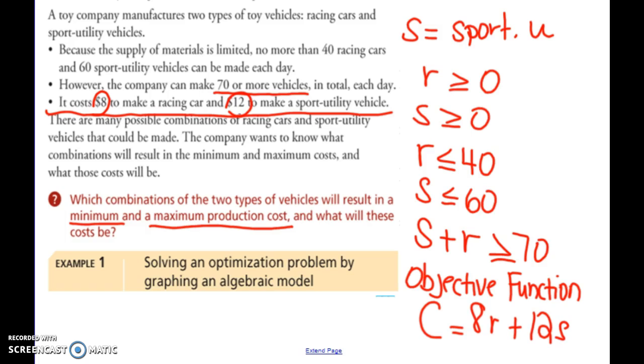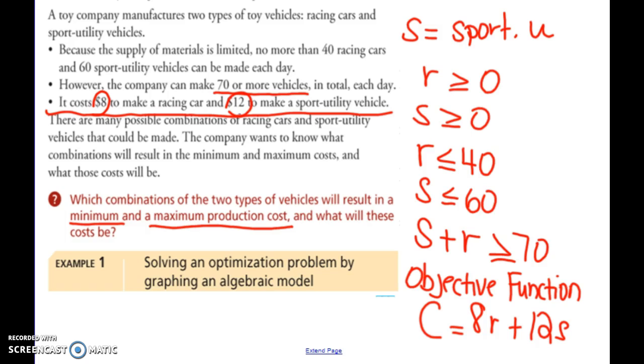So that is our objective function for this problem. So this wraps up step 1, because we have defined the statement. So we talked about the S is sport utilities, R was race cars. We've created inequalities and we found an objective function. That's all the things you need to do in step 1.